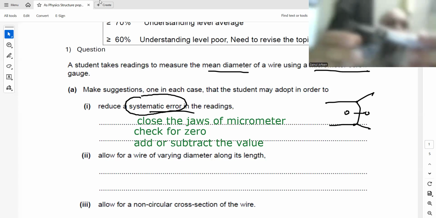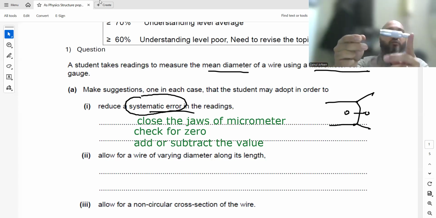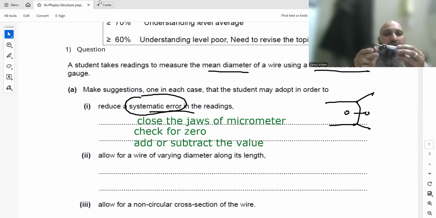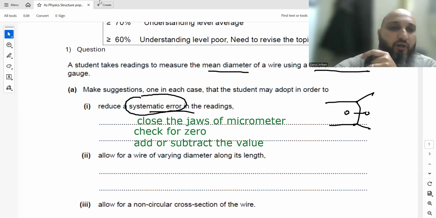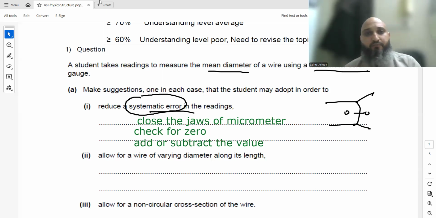Whenever we don't place anything between the jaws of a micrometer and the jaws are completely closed, the main scale and the circular scale should coincide with each other. If they are not coinciding, it means it has a zero error. So if we want to avoid this zero error, we should first check for a zero error and then calibrate for it, like add or subtract the value.